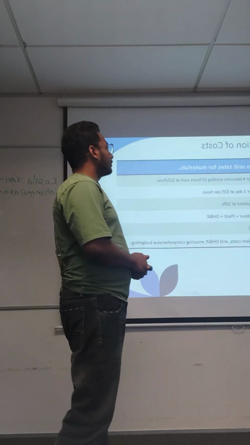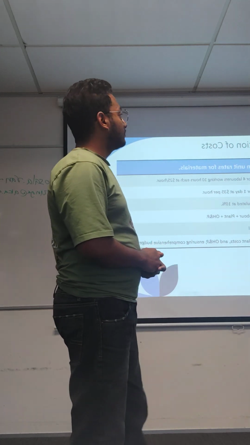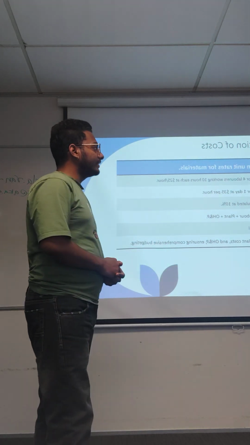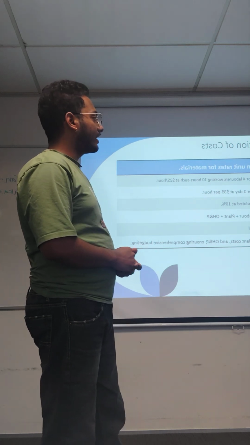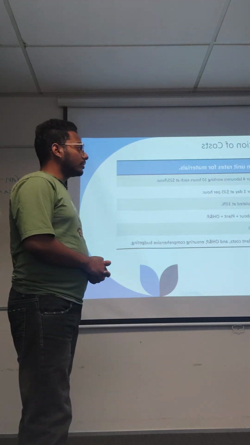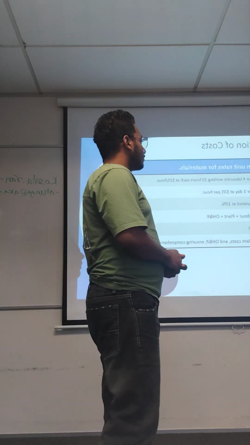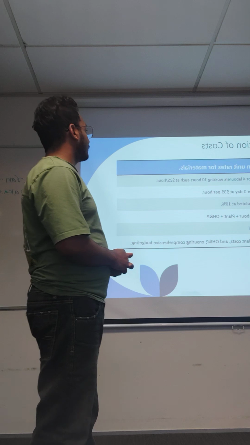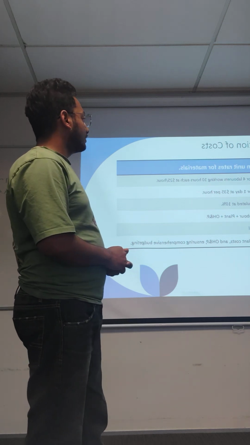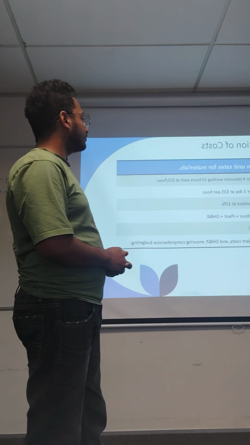So the calculation of cost. Here is the material cost based on unit rate for materials, then labor cost, plant cost, overhead and profits, total cost calculation, wages and all. Labor cost calculation is for 4 laborers working 10 hours each at 25 per hour, and plant cost for excavation for 1 day at 35 per hour.